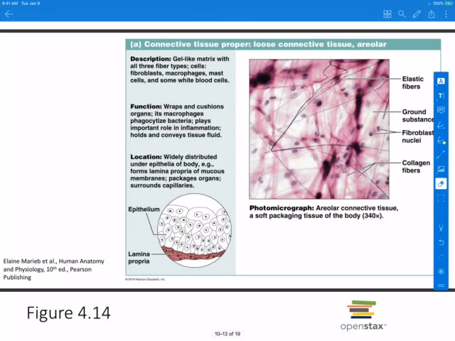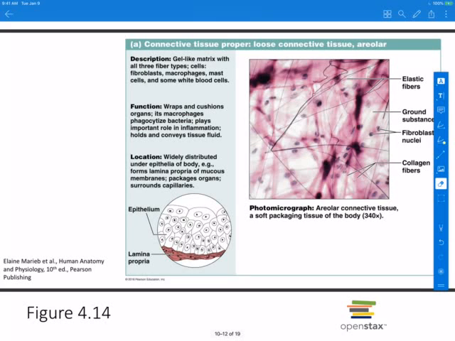Notice that the collagen fibers that are shown in kind of a pinkish color are really thick compared to the elastic fibers, which are much thinner and are made of that elastin. Other cells within this would be fibroblasts, macrophages, mast cells, and then some leukocytes, which are white blood cells. So basically, this areolar tissue is responsible for cushioning and wrapping around organs.